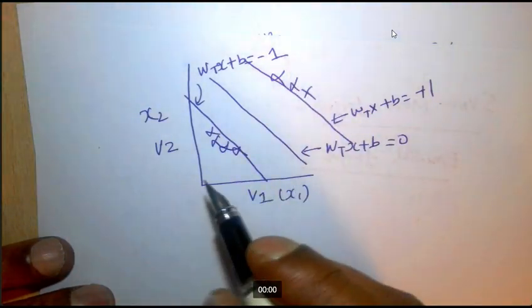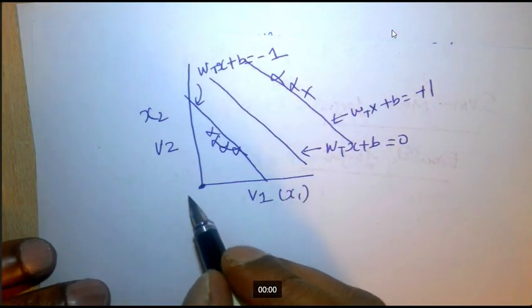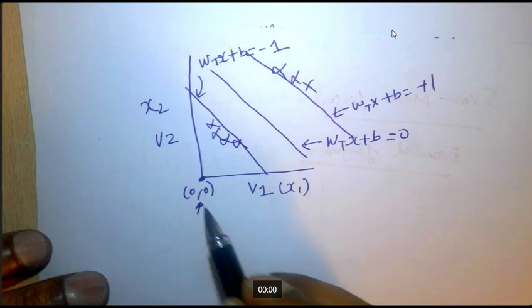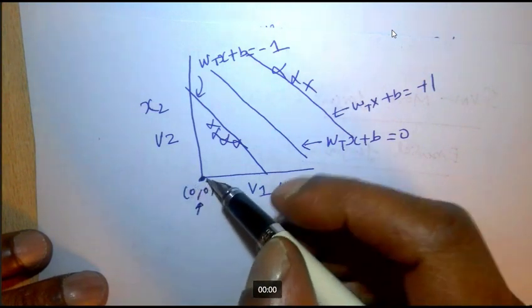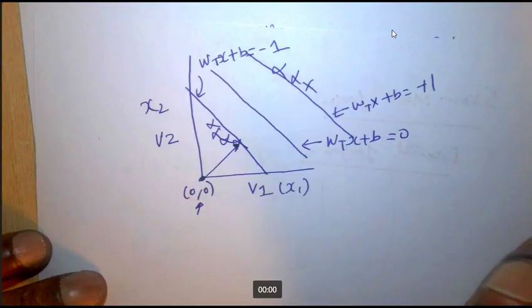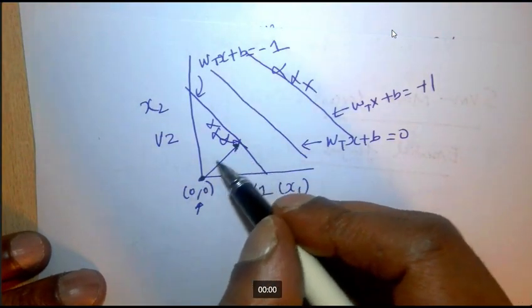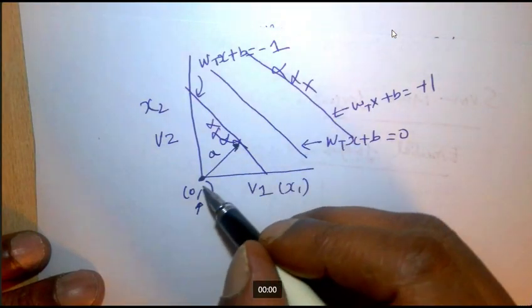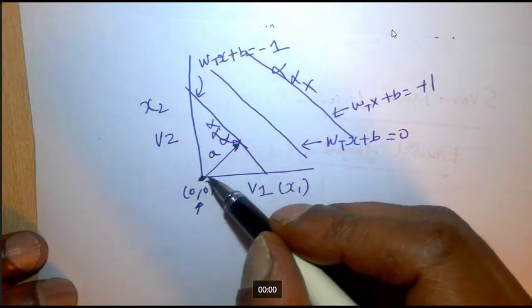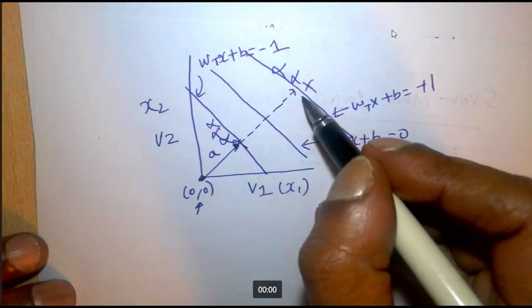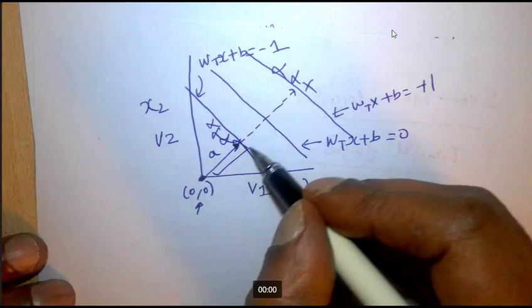One way to do it is to calculate the distance starting from the origin (0, 0). Let's call the distance from the origin to the first support vector a, and the distance from the origin to the second support vector b.